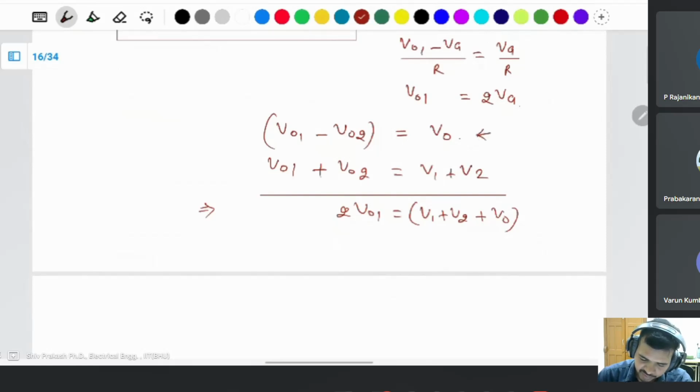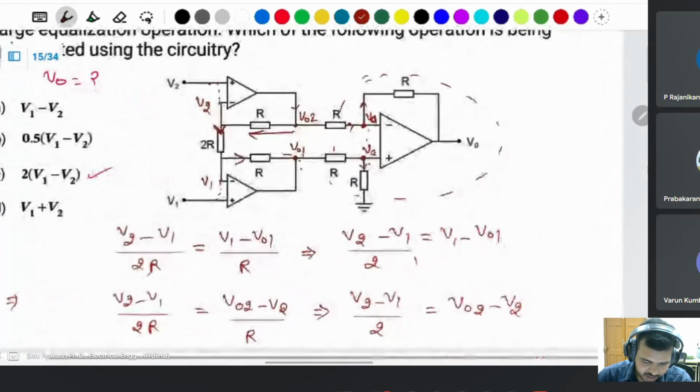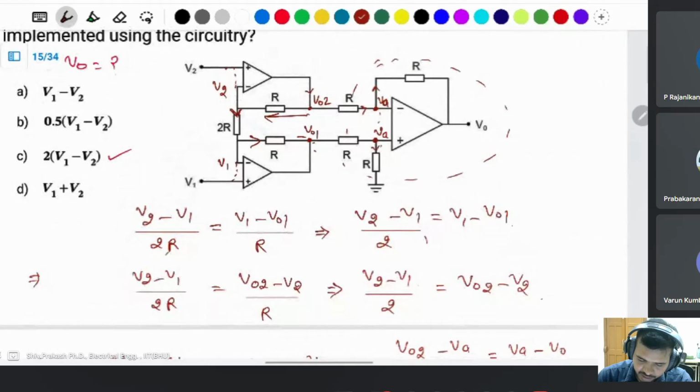Find the value here, V02. There is no problem, just the positive and negative signs were mixed up here.